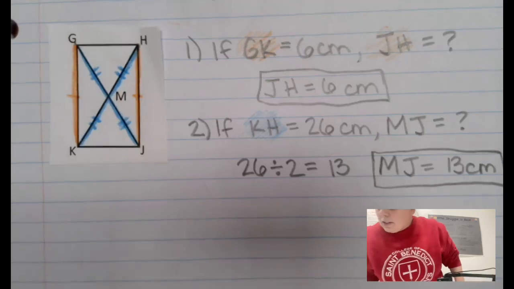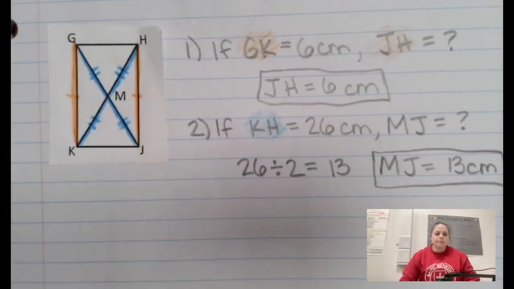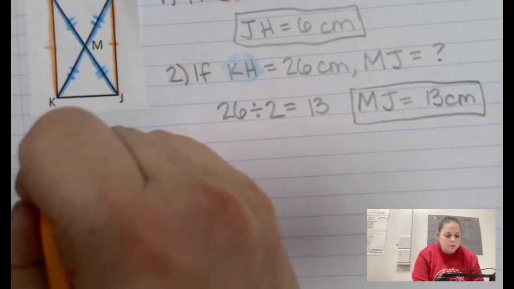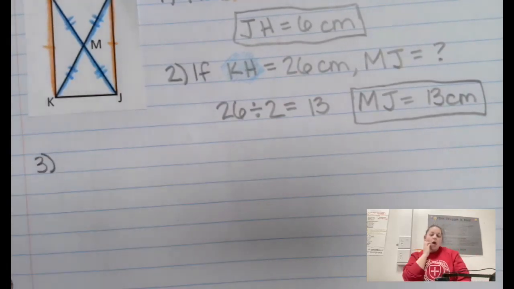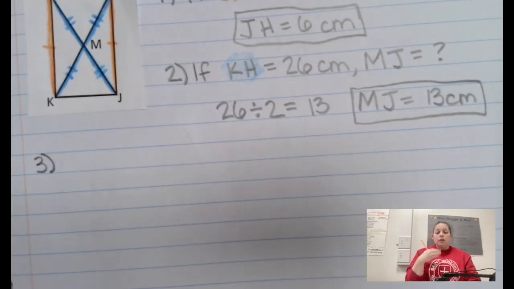All right, last one. Number 3. This one's our more challenging one because it's going to be about angles. So we have to really make sure we're reading carefully, we're looking at that picture carefully.